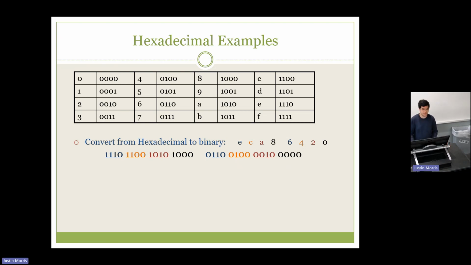So you just memorize it? No, not memorizing. Right, we're converting it. Because we know that E is 14, and you don't have to memorize this because all you have to remember is that A is 10, so then I can just go B, C, D, E, and then I get 4, so E is 14, right?